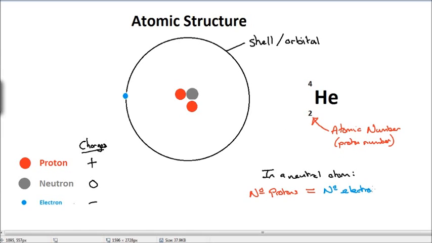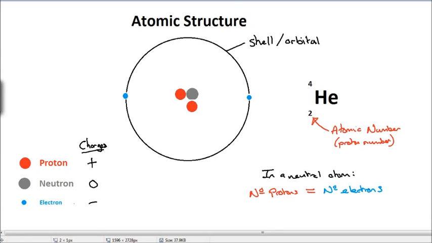So if, for example, in this case, we have got 2 protons, then that also must mean that we have got 2 electrons. So I'm going to go ahead, I'm going to bring across another one of our electrons. Obviously, these live in the shells, so we're going to pop that in there in our shell. So number of protons equals the number of electrons. So if there's 2 protons, there are also 2 electrons in my neutral atom.